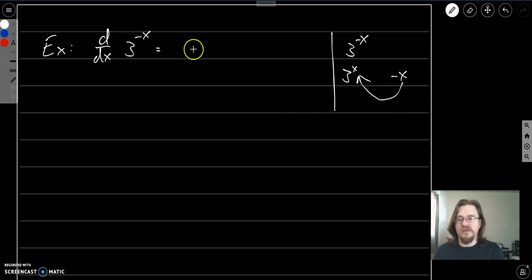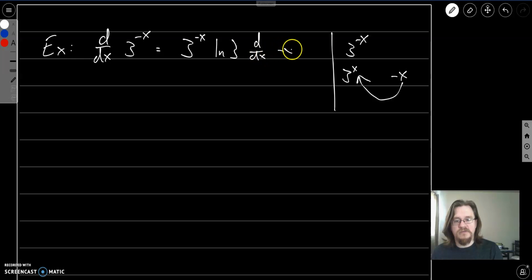So what I will do is take the derivative of the outside function, just like I would in the chain rule. So the derivative of 3 to the x is going to be 3 to the x natural log of 3. Again, natural log of 3 is just a number, but I'm going to plug my negative x in there. And then I'm going to take the derivative of negative x. So this is the derivative of 3 to the x with a negative x plugged in, times the derivative of my negative x part.